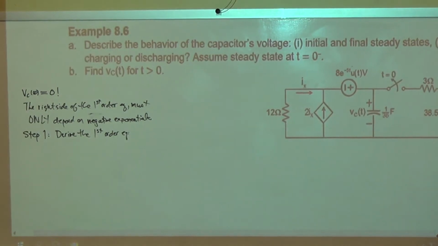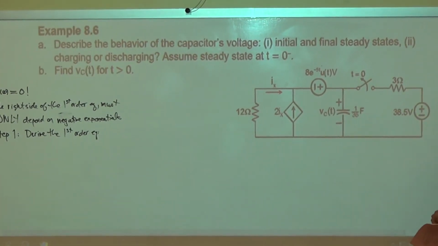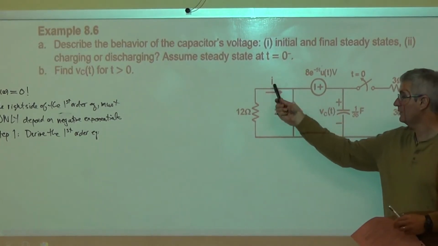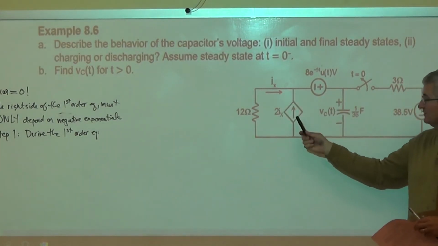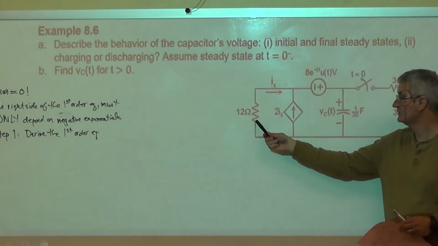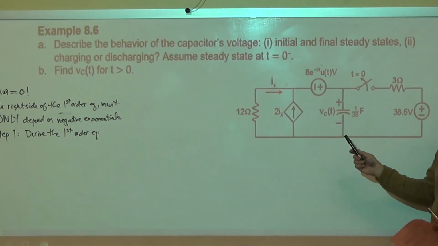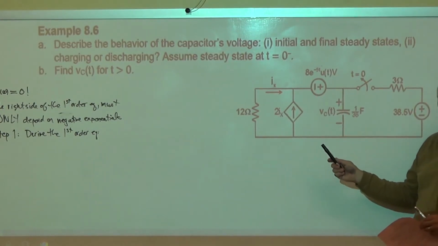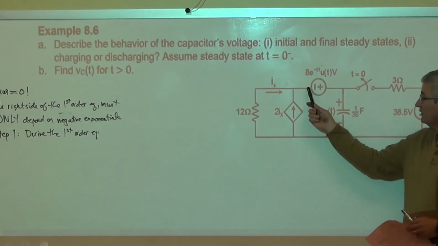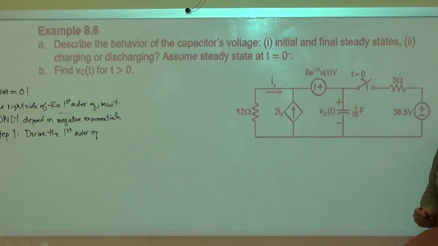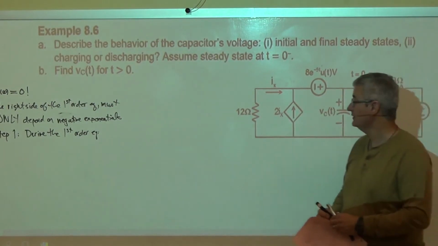So it seems like the only reasonable way to get the voltage across the capacitor is to go all the way around here. Right? Because the voltage here has to be the same as the voltage there. And then, in order to rewrite this in terms of the current of the capacitor, I got to look at KCL at one of the nodes, either down here or down there. It doesn't matter. Okay? So let's do that.